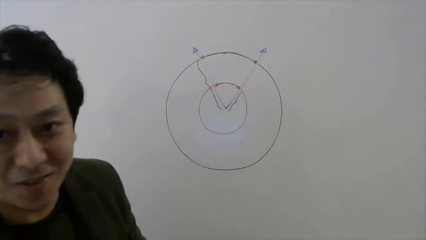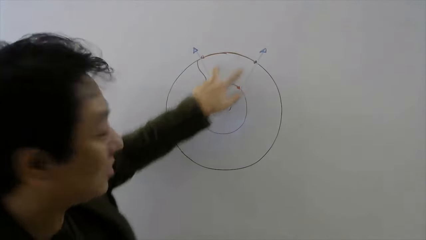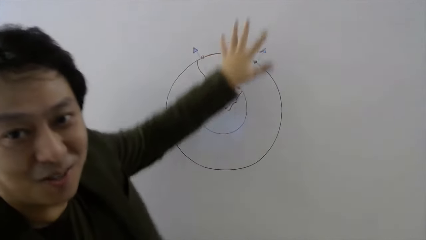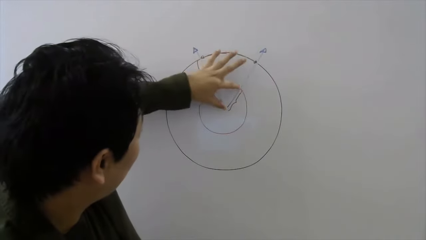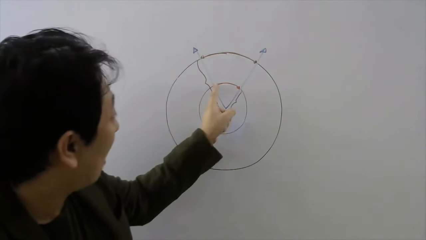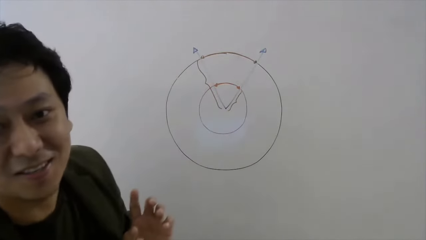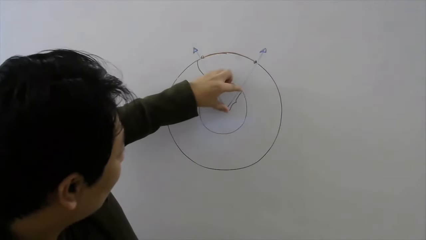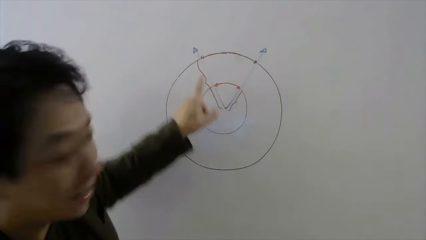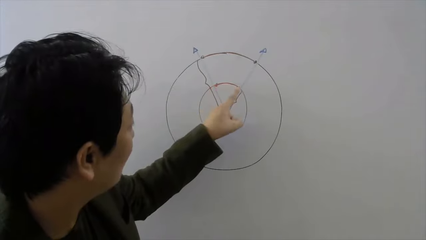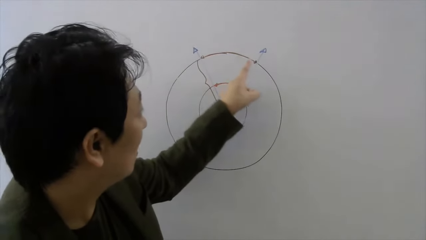So I hope it is very clear that for these two lines, if the radius is increased, the arc length also increases, right? As I increase the radius from here to here, the arc length also increases from here to here.